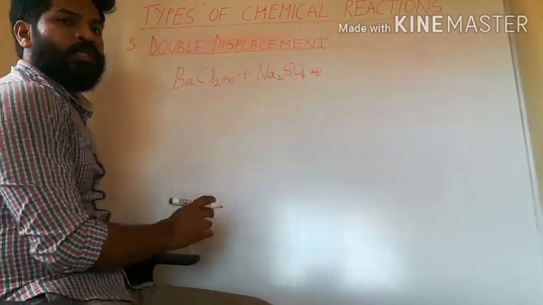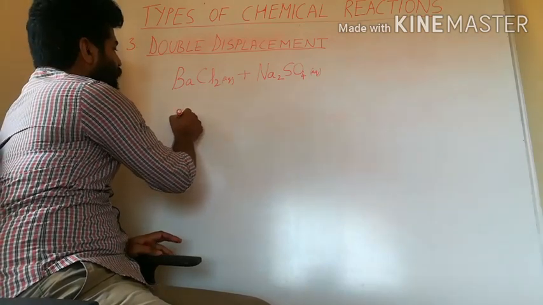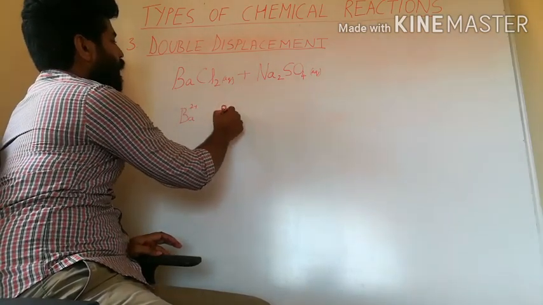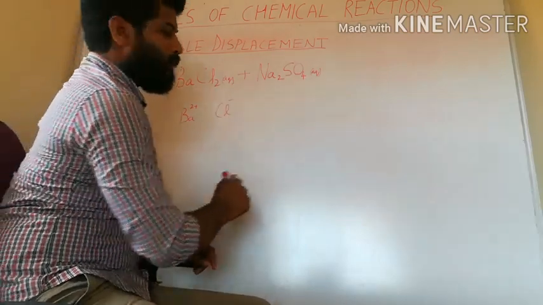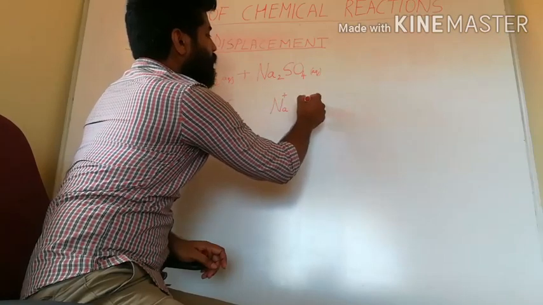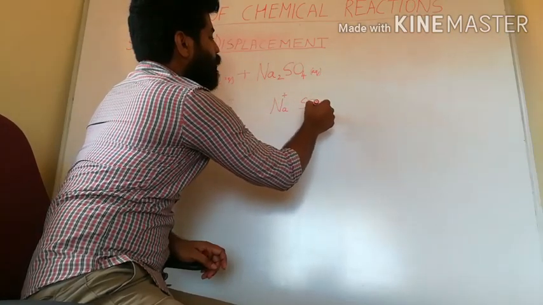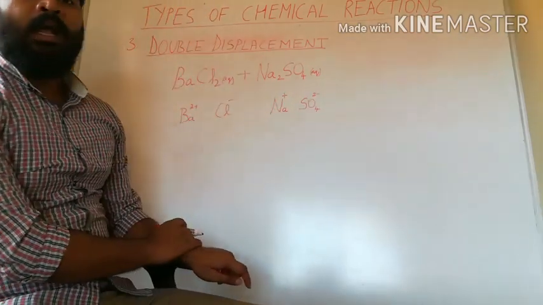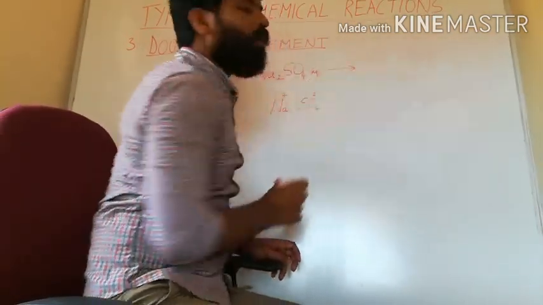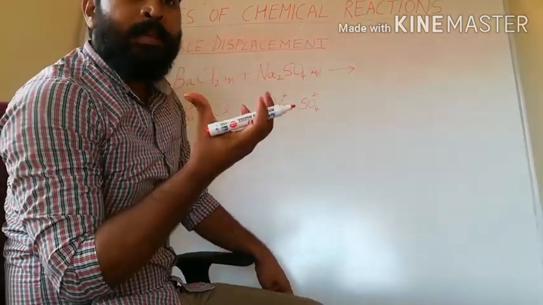In their solutions, they will produce the respective ions Ba2+ and Cl-. Similarly, sodium sulfate will produce Na+ and SO4 2- ions. And we observed that a white colored precipitate is formed.